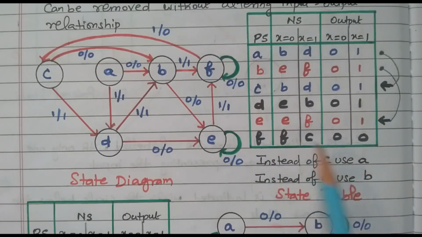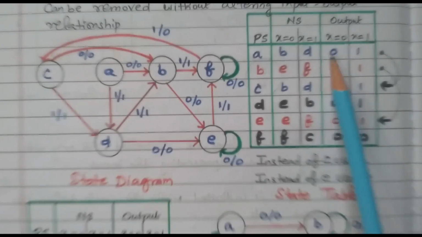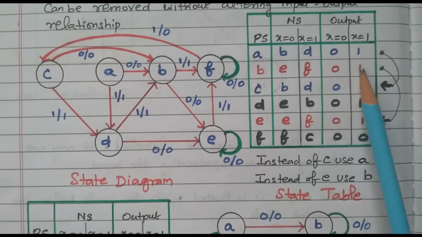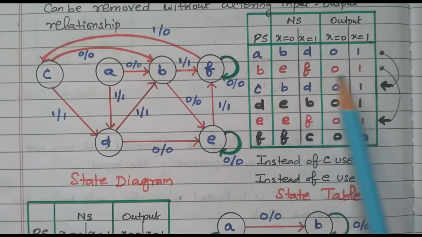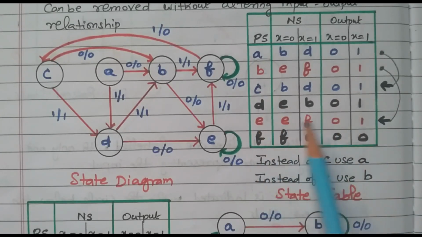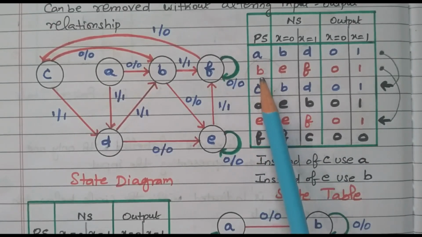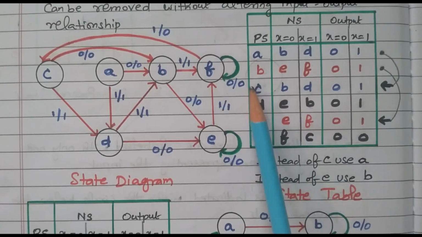So this C is now represented by A. We are replacing C with A, so that we take only A B D 0 1. Similarly, for the red color lines, B E F 0 1, E E F 0 1, we can eliminate this fifth line, so that E is now represented by B. While eliminating, we need to see how to represent: C is replaced by A, and E is replaced by B. So now we can eliminate this third row as well as the fifth row.